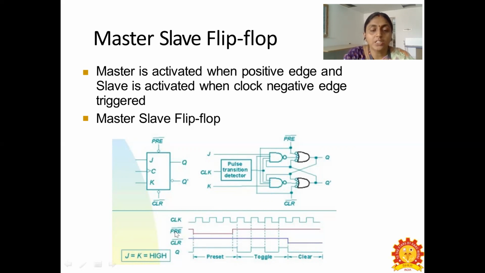So preset condition, toggle condition, and we'll have the clear condition. So this is shown when J and K values are high. So we can implement this master slave concept in any flip-flop category, and in this example we are using JK flip-flop along with the clock pulse.